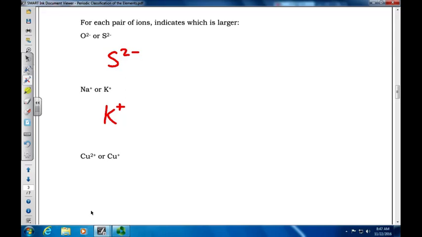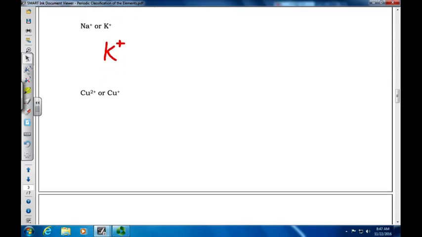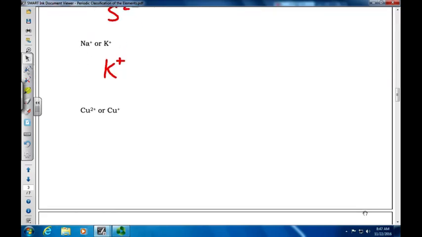Now let's look at an interesting case. This is two different copper ions. One is copper 1, one is copper 2. And this takes a little more thinking. Think back to when I just said that cations are smaller than anions because they've lost electrons.